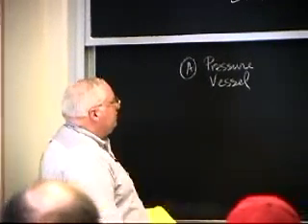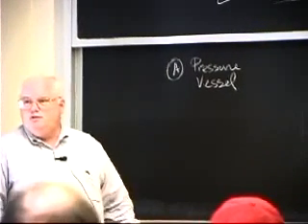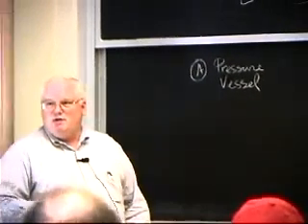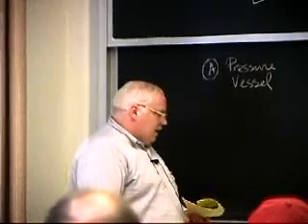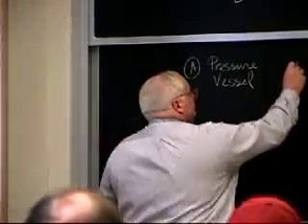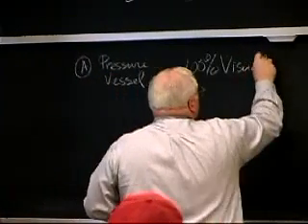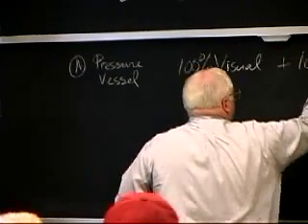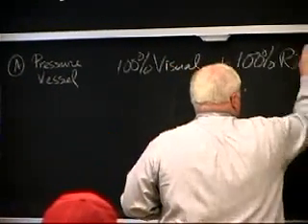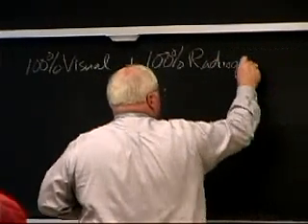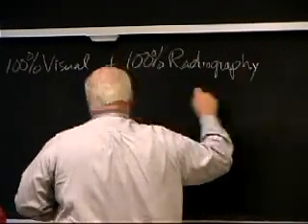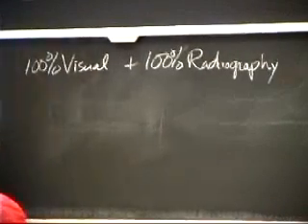But nonetheless, pressure vessels tend to be critical because when they blow, they do a lot of damage. So it's critical, and typically the requirements would be 100% visual inspection of the welds plus 100% radiographic. Now there are different levels within the boiler pressure vessel code, but I'm just giving you a typical.